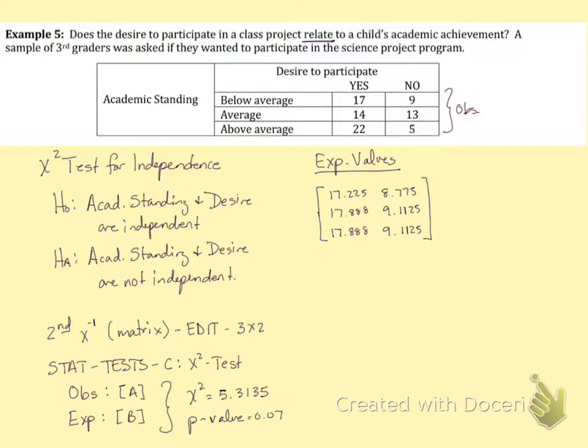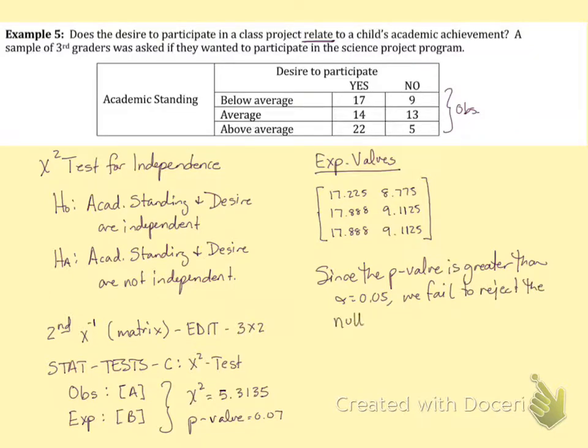We weren't given an alpha level for this, so let's use alpha equal to 0.05. So again, we have a p-value that's greater than this. So since the p-value is greater than alpha equal to 0.05, we fail to reject the null hypothesis.